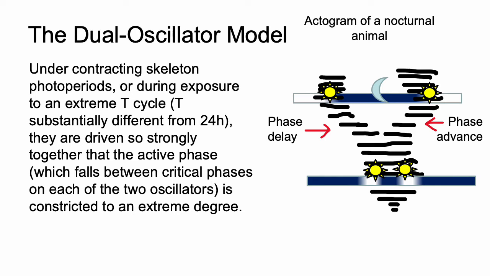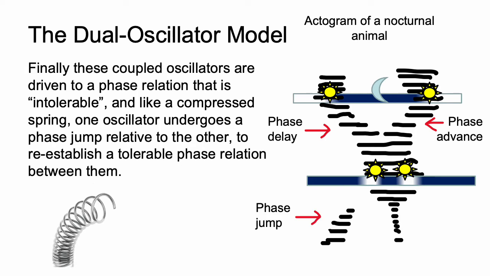So there's just a burst of light at the end of the day, and then a burst of light at the beginning of the day, and the rest of it's dark. But that is enough to push these oscillators together, as you see here. And then, as we've seen as an example before, in real life, you see what's known as a phase jump, right?